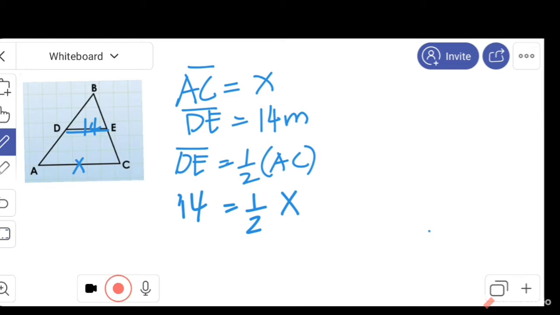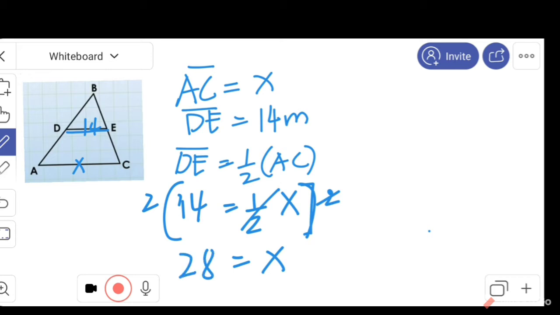We are going to use the multiplication property of equality, times 2 on both sides of the equation, so that 1/2 times 2 is equal to 1. 1 times X is equal to X. And then 2 times 14 is 28. This is how we solve. And now, AC, which is the third side, is equal to 28 meters.